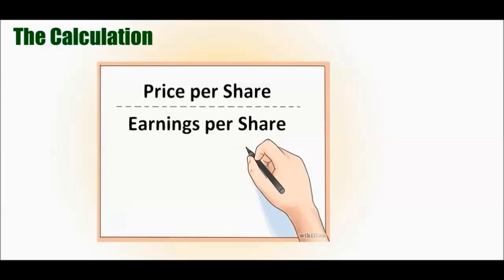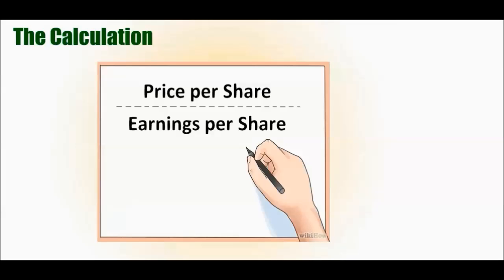The basic idea with this calculation, or what this ratio is really telling you, is how much you are paying for earnings. So if a company has a very high PE ratio, you're paying quite a bit of money for $1 of earnings, for its future earnings. If it has a low PE ratio, then you're not paying much for a company with high earnings.